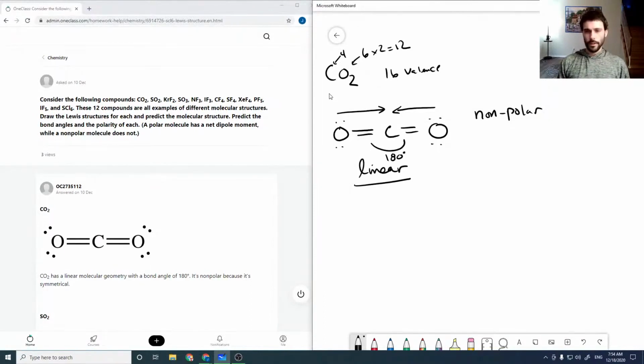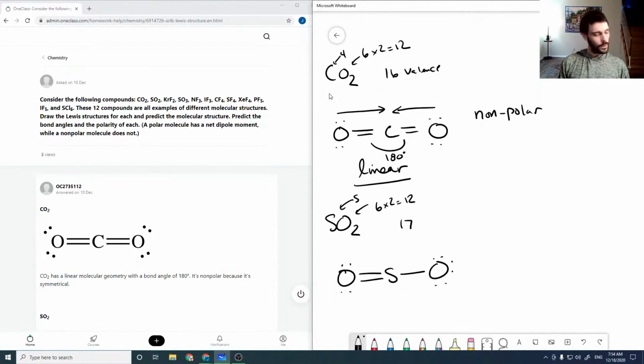So for our next one, SO2, so now we have 5 valence and 6 times 2 for oxygen, which is 12, so 17. Now if we try to draw similarly, we're going to get a double bond to sulfur, but then we're only going to be able to form a single bond to the oxygen and then hold a lone pair on this sulfur.